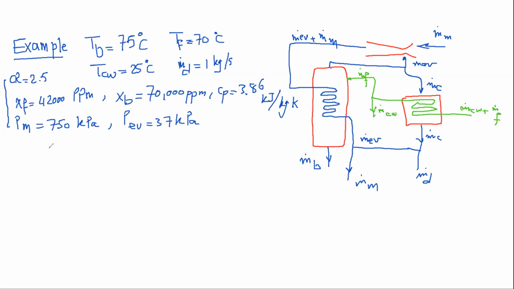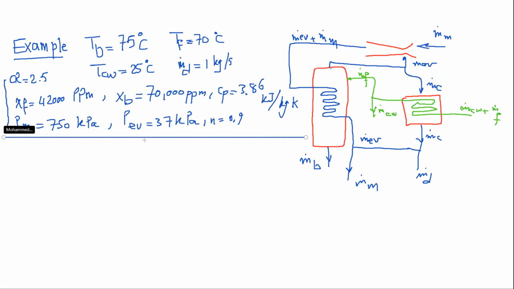And then the effectiveness of the condenser is 0.9. And what is needed is just to evaluate the performance of the unit. So this is basically the kind of input information that we are getting for this system, and we need to evaluate the performance.